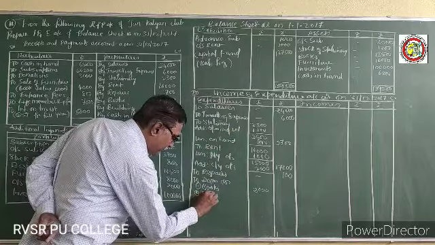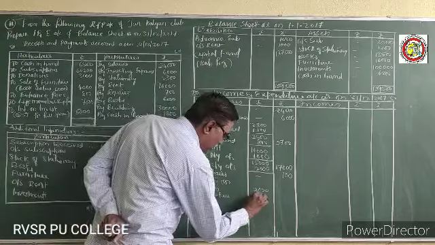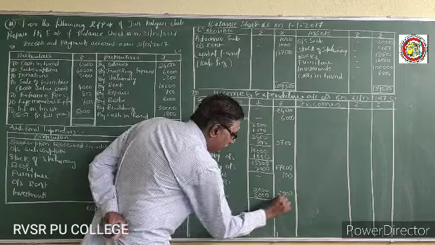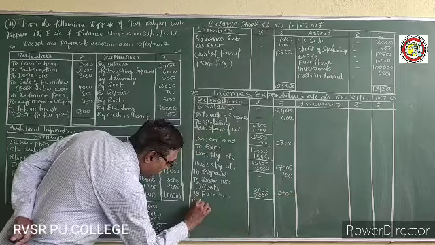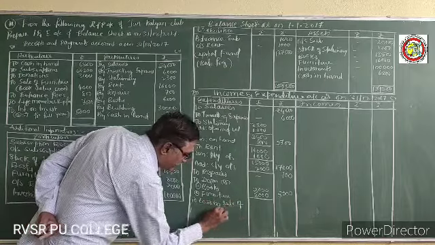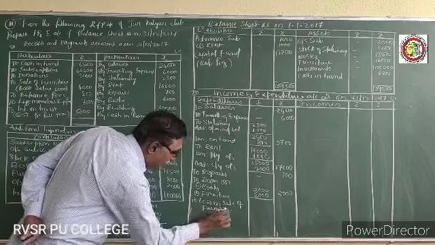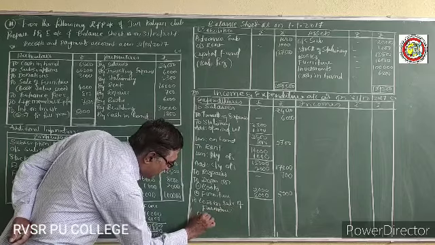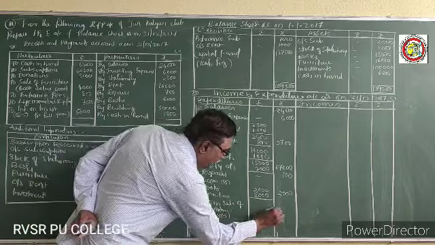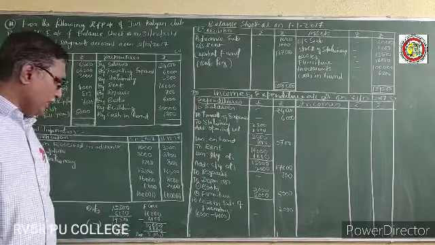Second, furniture 2,000, totally 5,000. And to loss on sale of furniture: book value 6,000 minus selling price 4,000, so 2,000 is the loss.